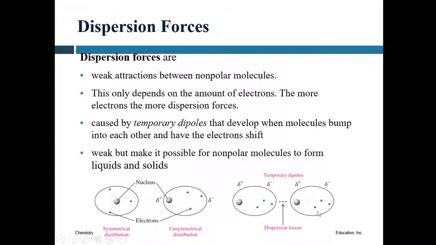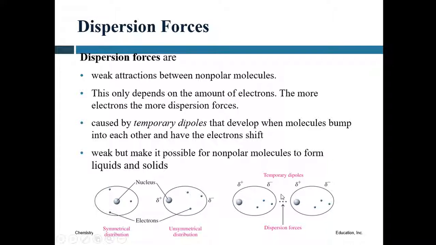So the electrons are going to be on this side, so it's partially negative, which makes this side of our molecule slightly positive. As soon as we have a difference in charge, then another molecule or atom can be attracted, the electrons that are negative can be attracted here. And so because of that temporary dipole, there can be a slight attraction.